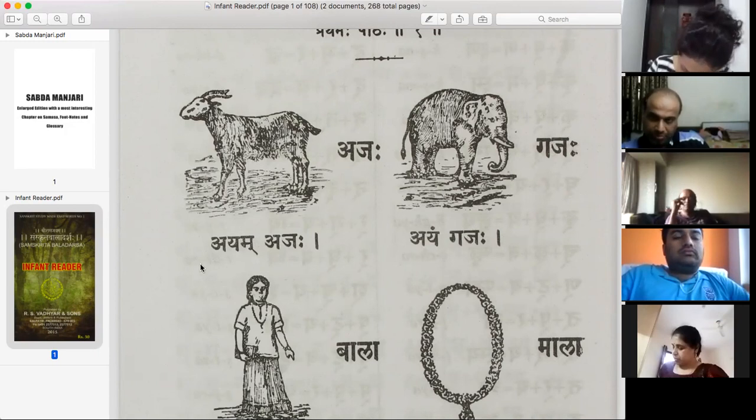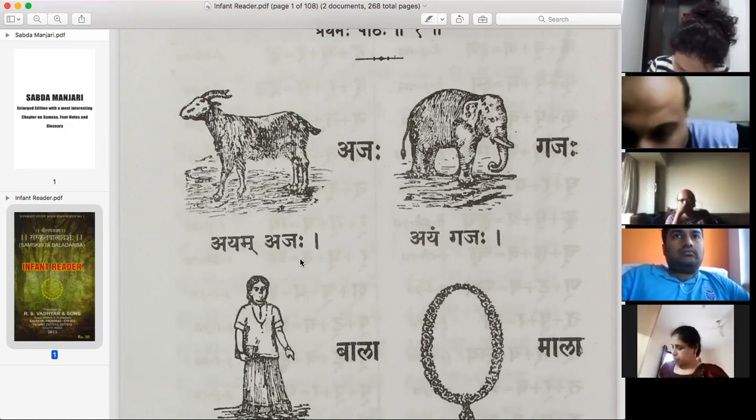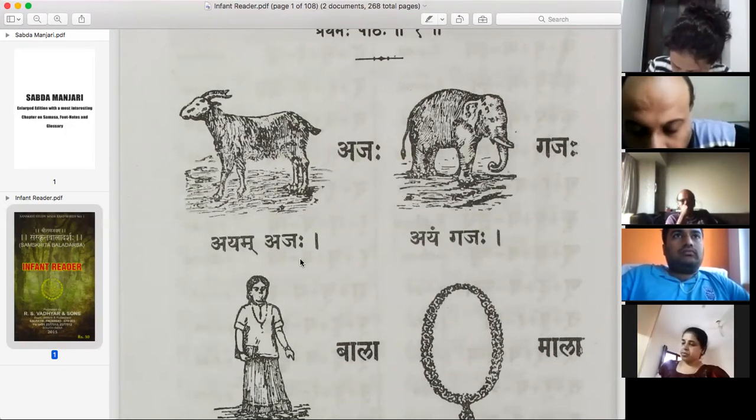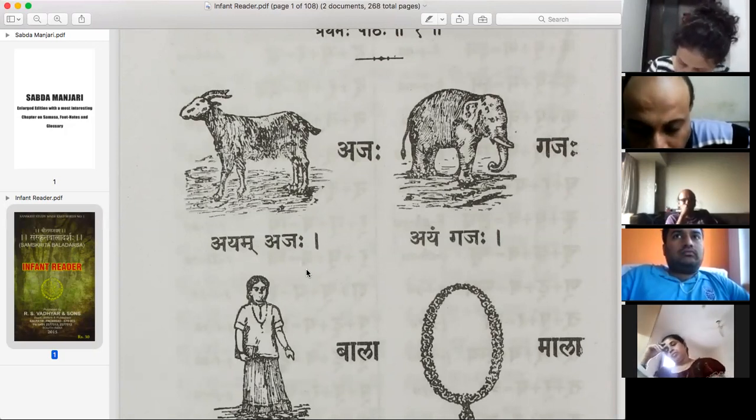So below we see the first sentence: I am Ajaha. This is one sentence. So there are two words here. Whenever you see a sentence, this is a very important rule, so please listen.